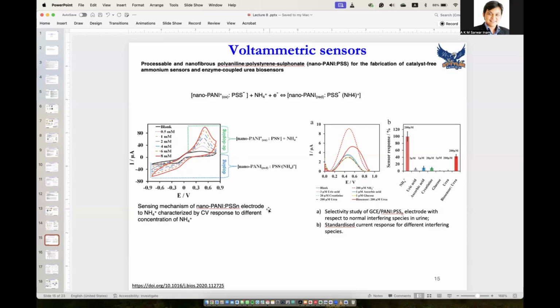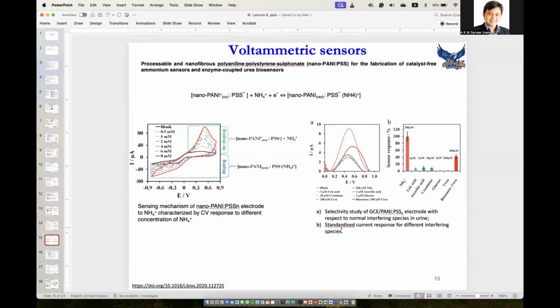Beside this calibration, the sensor is also measured for a selectivity test. I think this one is DPP. So differential pulse voltammetry is applied for detecting this. You can see they're using CV and then DPP.